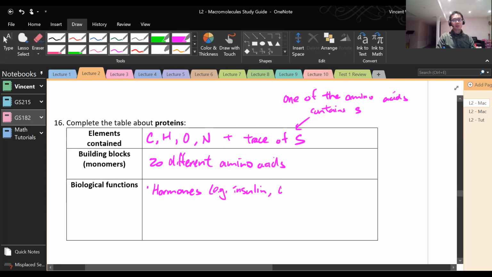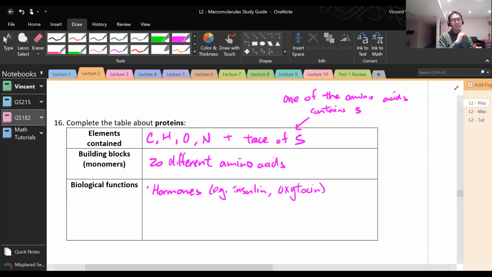I'm just going to put another one here for anyone who's interested. Oxytocin. Anybody know what oxytocin is? You release it when you're happy. That is dopamine, I believe. Oxytocin has a much more important function. Any mothers here?